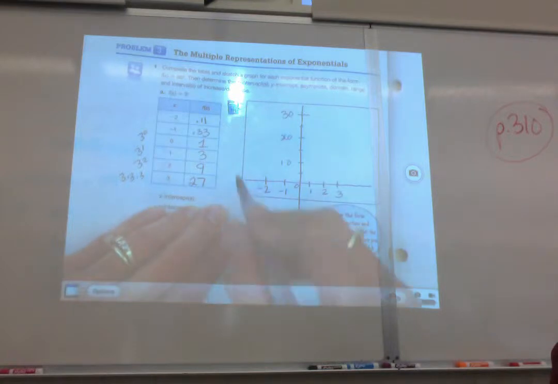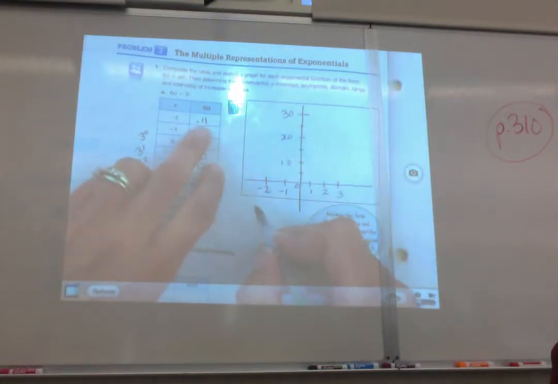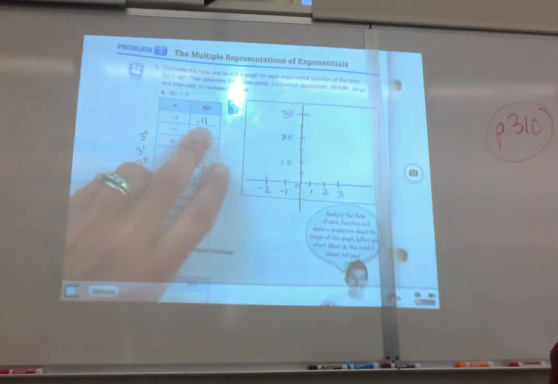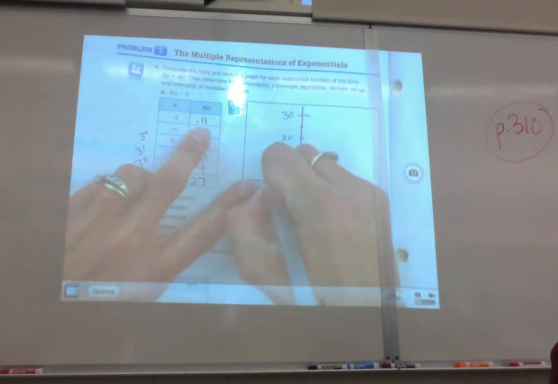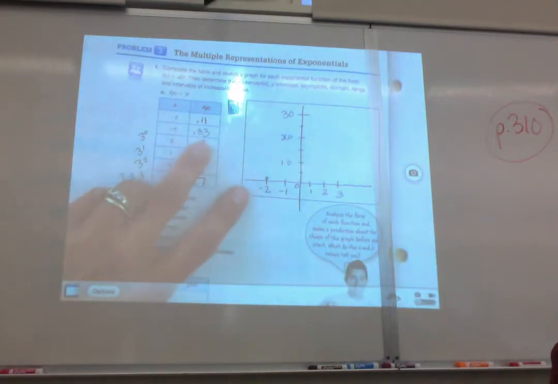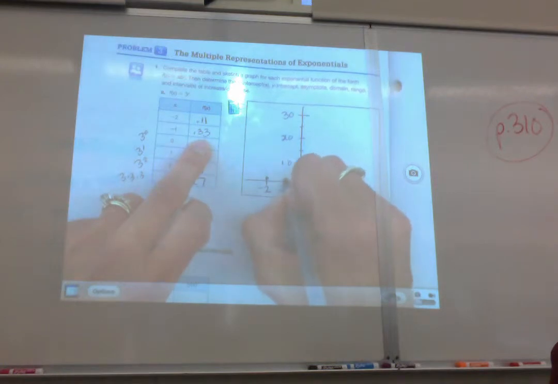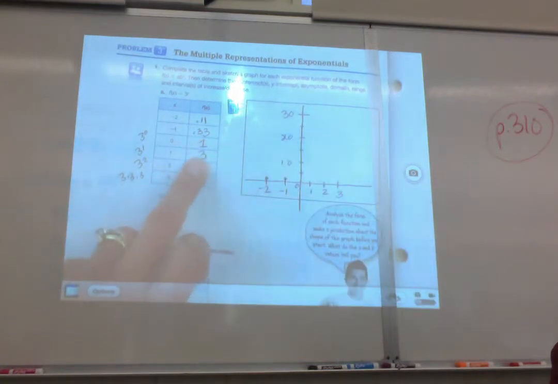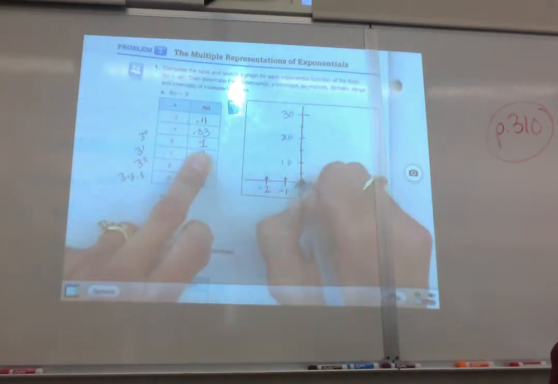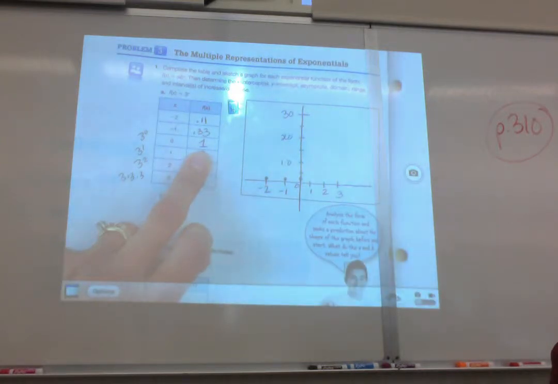All right, so now -2 is super low. I'm just going to go barely above the x-axis. -1 is only a tiny bit higher. 0, I'm at 1. Now this is 5, so it's not going to be very high.